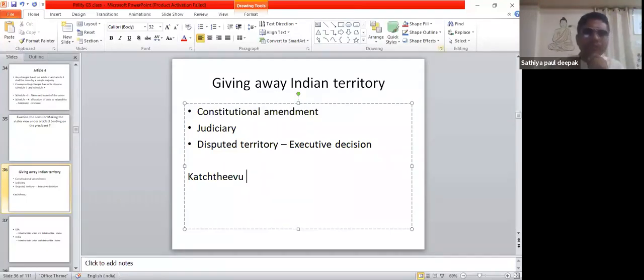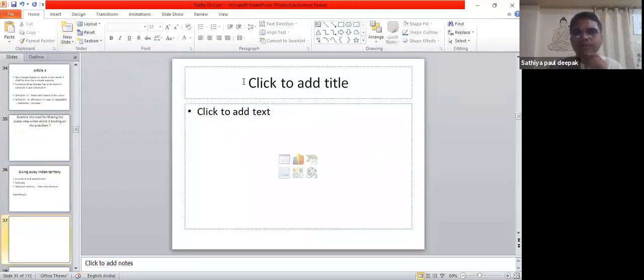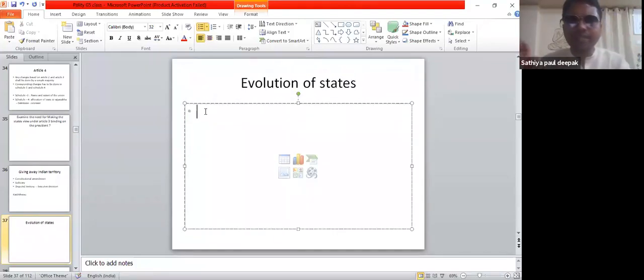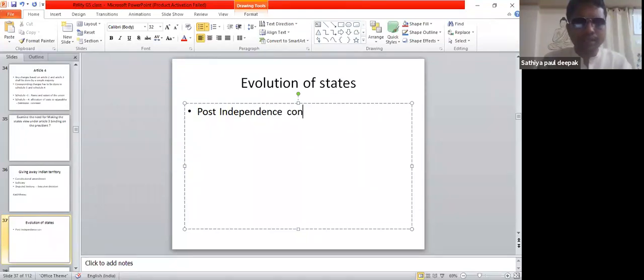Good. So now there is another topic: the evolution of states. Which state came in which year? There is a portion in our syllabus, post independence consolidation, which talks about the evolution of states: after freedom, how we consolidated and reorganized the states.